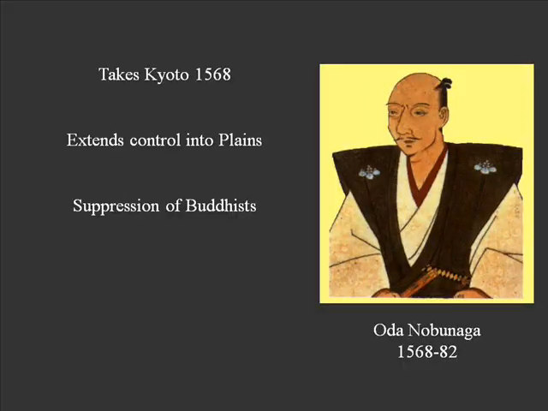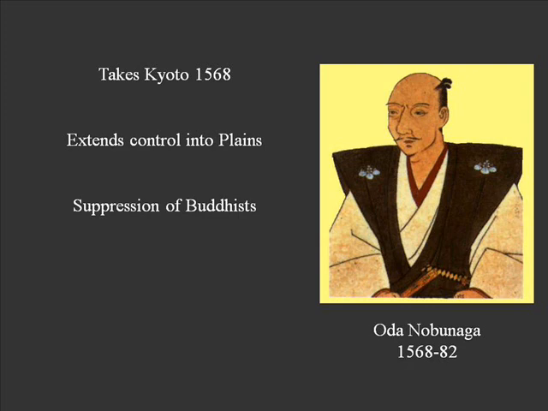Much of this is ended in the late 1500s when one landowner and kind of high-ranking general of his area named Nobunaga becomes dominant over many of the other landlords or landowners.